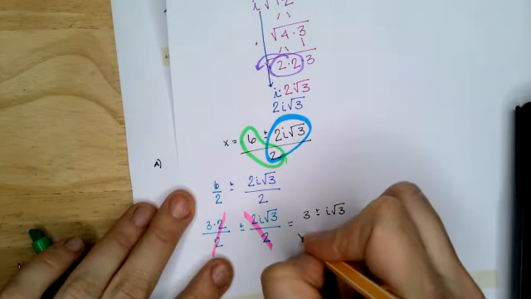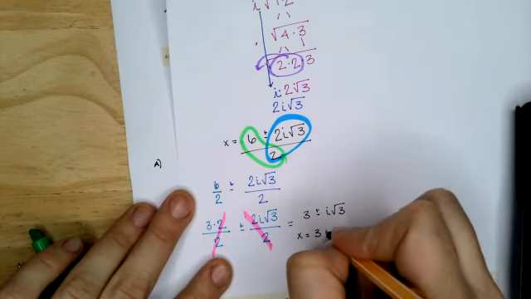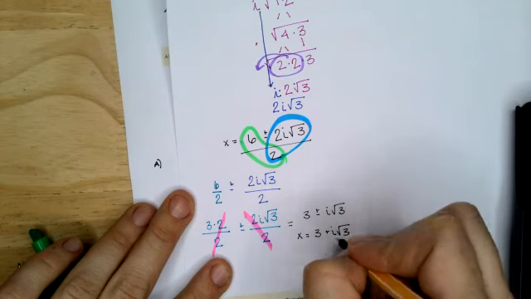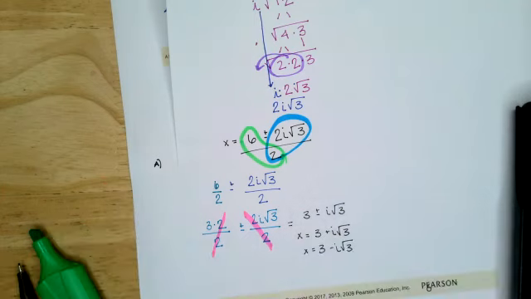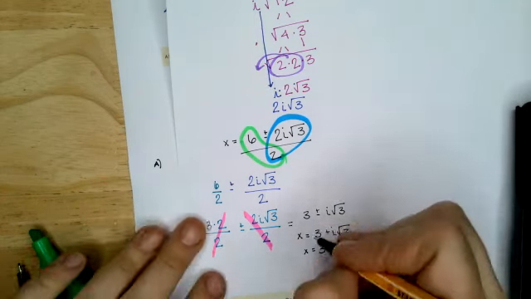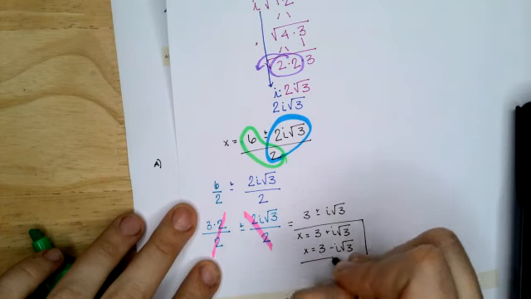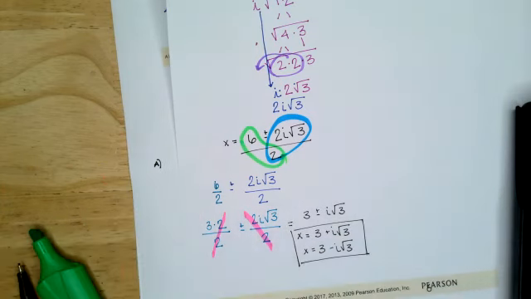Now separate it out. We're just going to say x is 3 plus i square root of 3. x is 3 minus i square root of 3. So that is the most work you're going to have to do in my math lab.